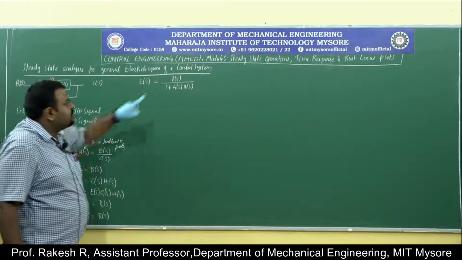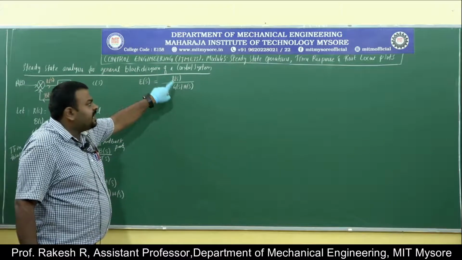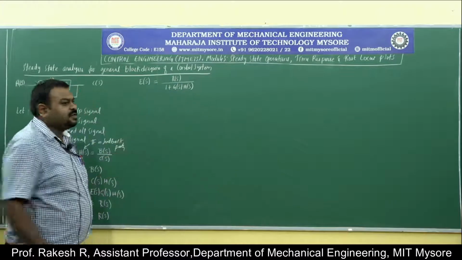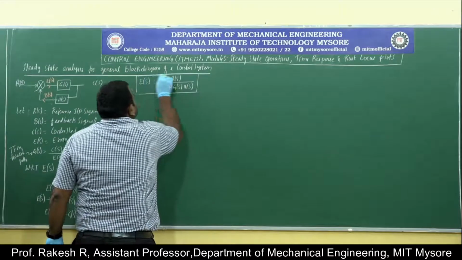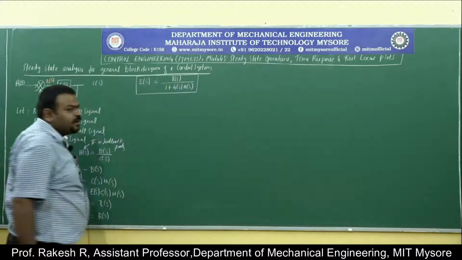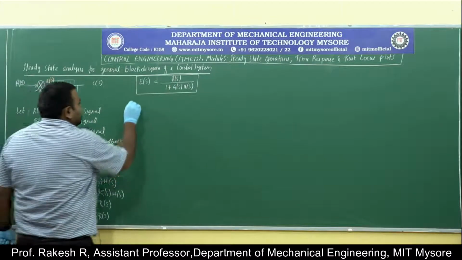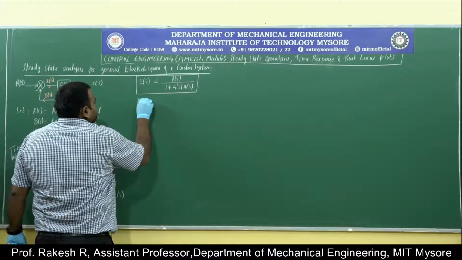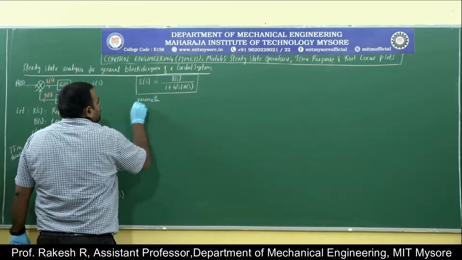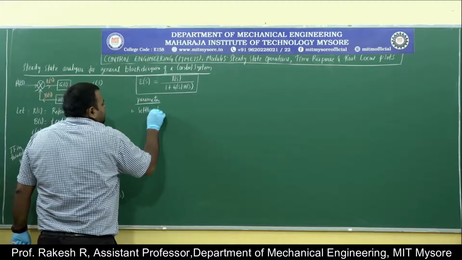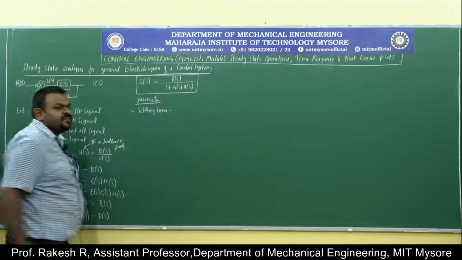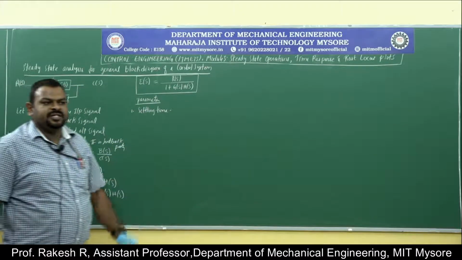This is what the error signal is, depending upon the reference input signal and open loop transfer function. Whenever we analyze a steady state output, two parameters are very important. One is settling time. Settling time is the time in which the output reaches a steady state.